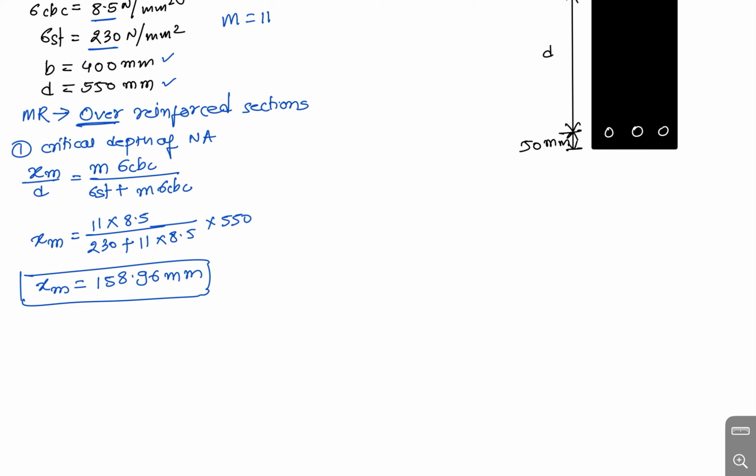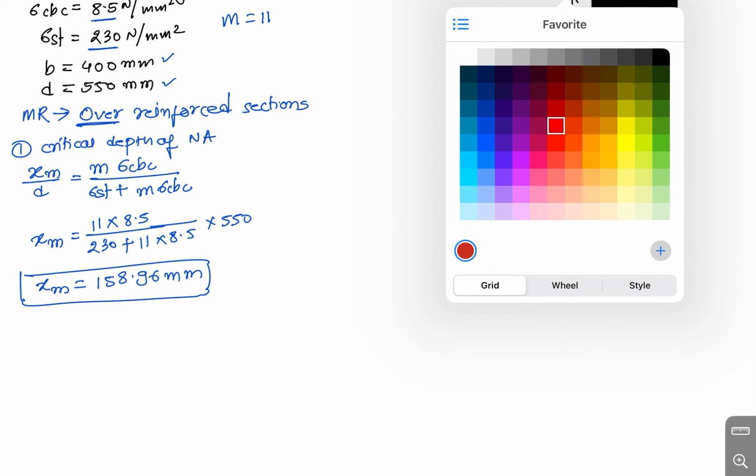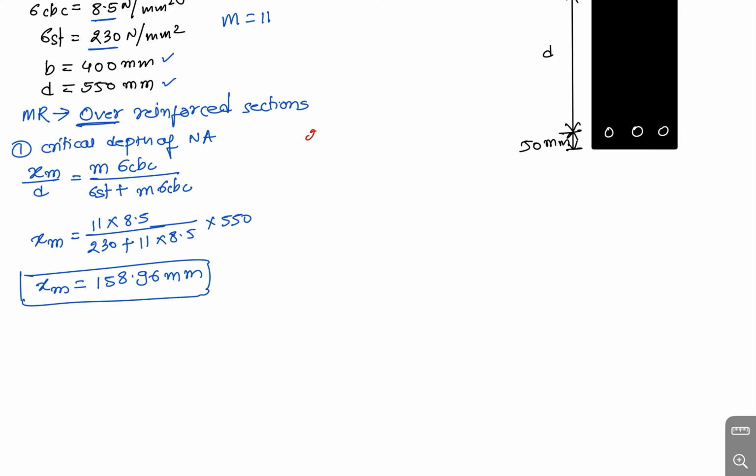Now let's understand how to calculate the actual depth of neutral axis. This is the second step. To calculate the actual depth of neutral axis, the formula is b x square by 2 equals m into Ast, which is the area of steel, into d minus x.